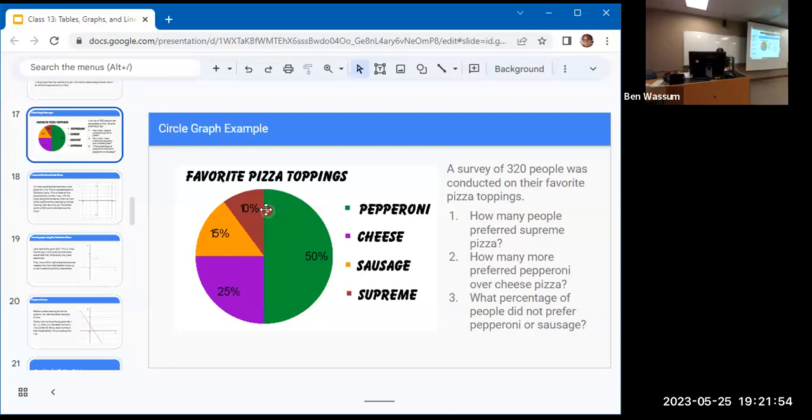I'm gonna write it down real quick. On each one, so the first one was how many preferred supreme pizza? That was 10%. So you multiply 10% by 320.